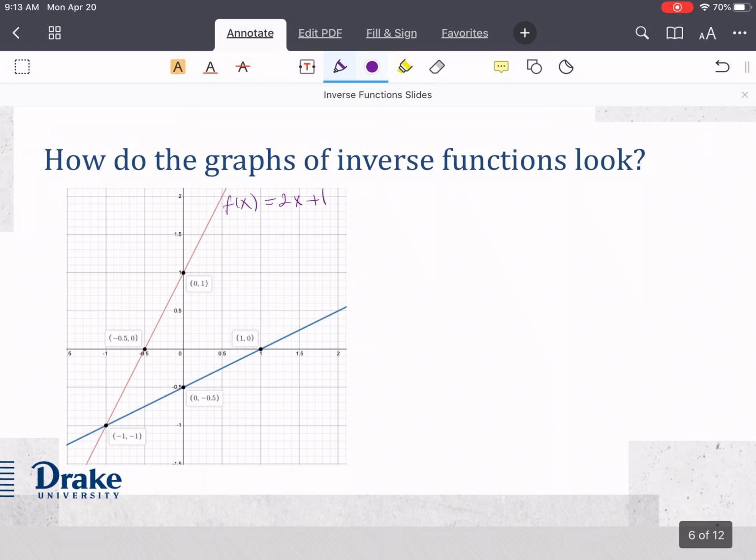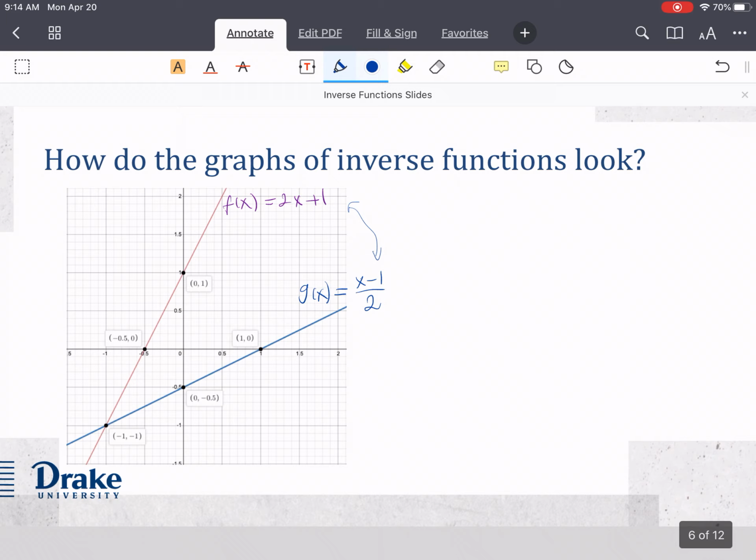And then this other one is g of x equals x minus 1 over 2. So you realize that previously we found that x minus 1 over 2 is the inverse of 2x plus 1. And so if you graph these, you realize the graphs would look like this because they're both linear lines.